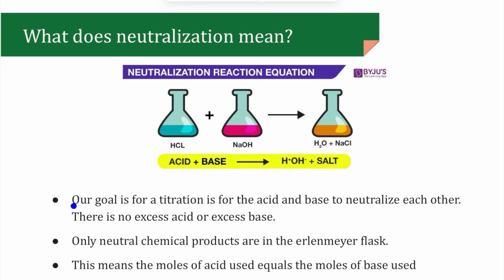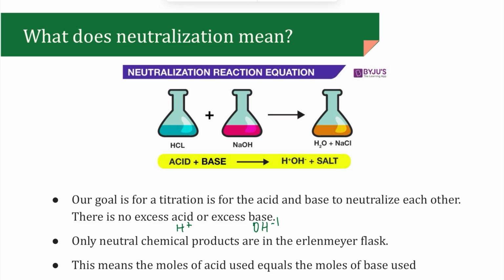Our goal is for that acid and base to neutralize each other so we don't have any excess acid, or any excess H plus ions or any excess OH hydroxide ions. If we had excess H plus, that would be acidic as a solution. If we had excess OH, that would be basic. We want each of those H pluses to have an OH to pair up with so that they are neutral.